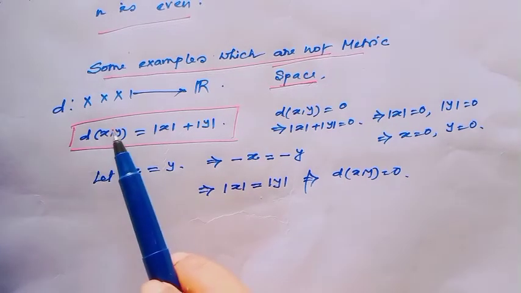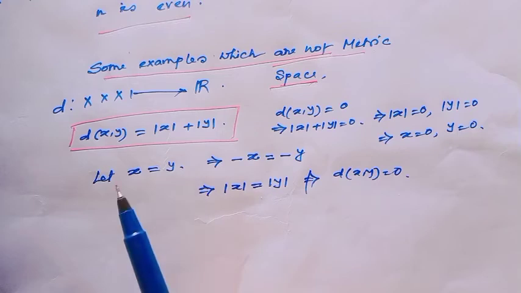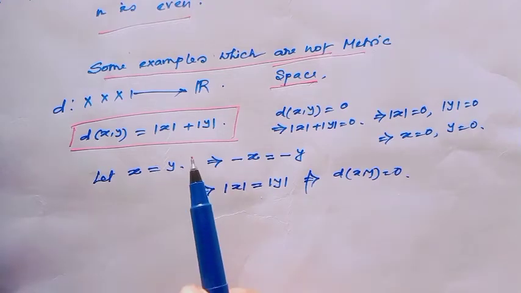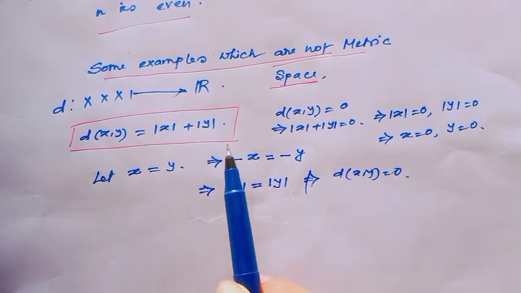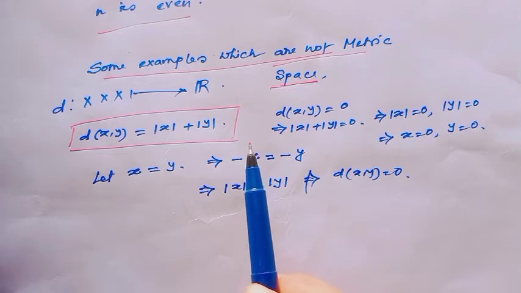First example: d is a function from X cross X to R such that d of xy equal to absolute value of x plus absolute value of y. Is this a metric space?